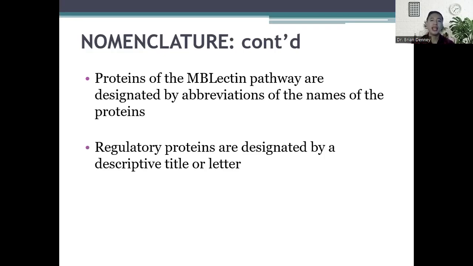They are designated by a descriptive title or letter. Example, decay accelerating factor, DAF. Or MIRL, membrane inhibitor of reactive lysis.